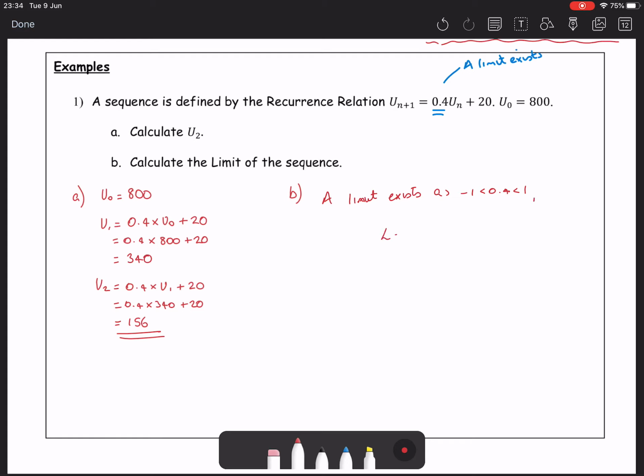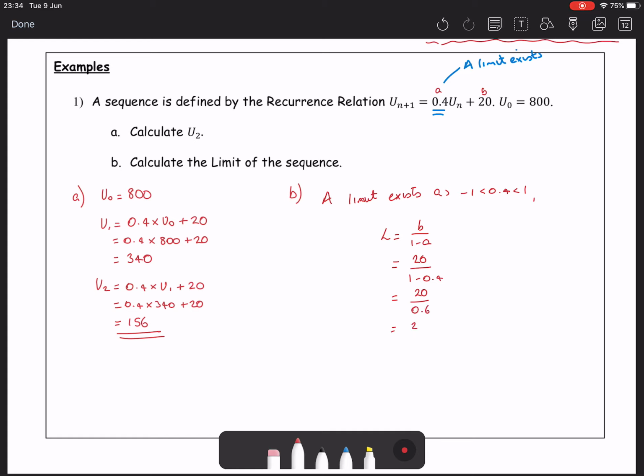So L is B over 1 minus A. There's my A value, and there's my B value. 20 over 1 minus 0.4, 20 over 0.6.